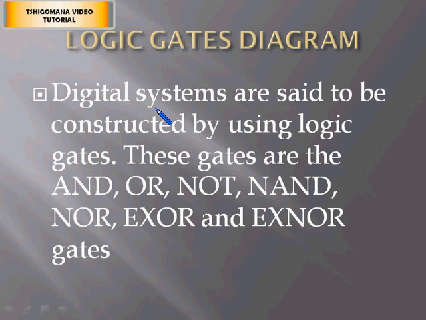Now these gates are the following. We have the AND gate, the OR gate, the NOT gate, the NAND gate, the NOR gate, the XOR gate, which can also be written as XOR, and the XNOR gate, which can be written as XNOR.